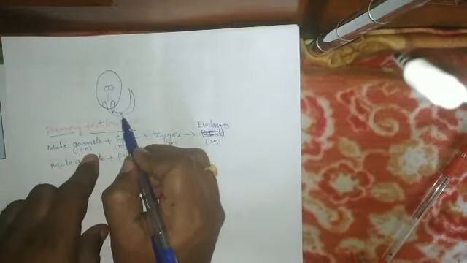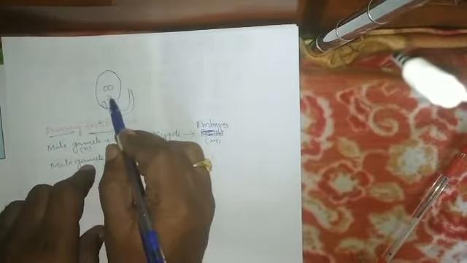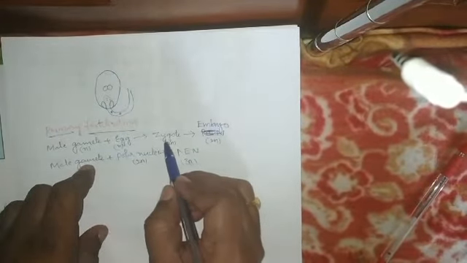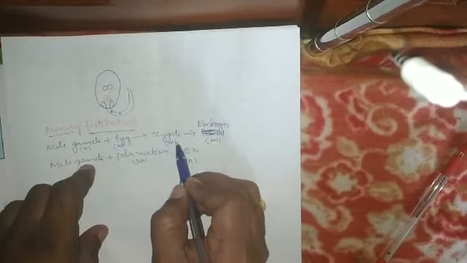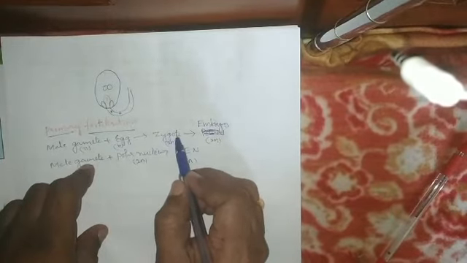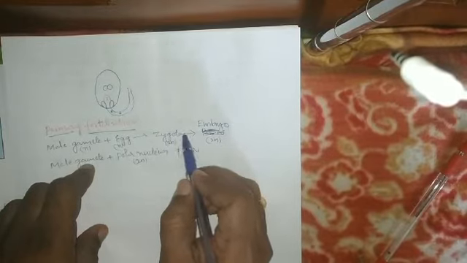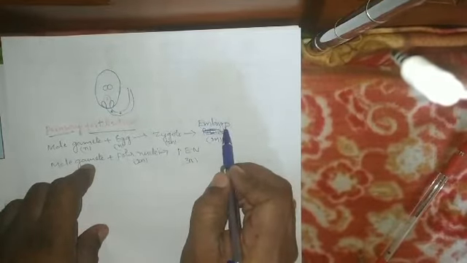The male gamete is haploid, the egg is haploid. When these two fuse, we get a 2n diploid zygote. This zygote further divides as an embryo. So that is the primary fertilization.